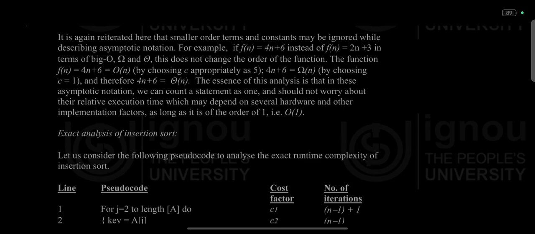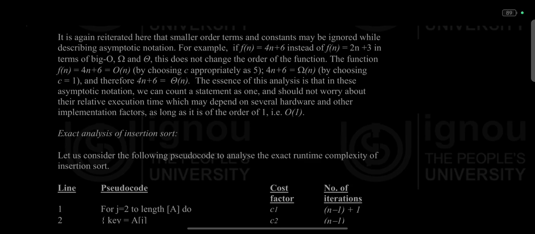The function f(n) equals 4n plus 6 is big O of n by choosing c appropriately as 5, 4n plus 6 is omega of n by choosing c equal to 1, and therefore 4n plus 6 is theta of n.